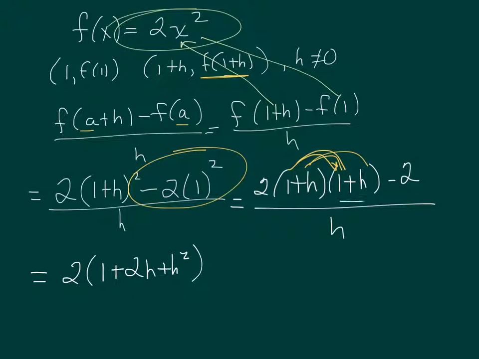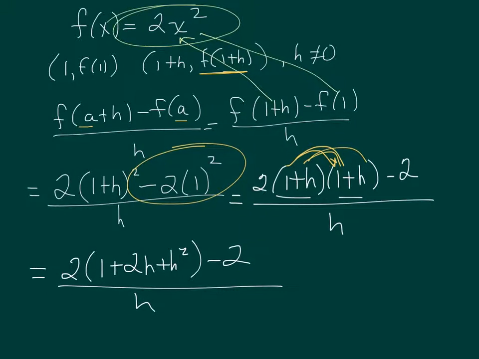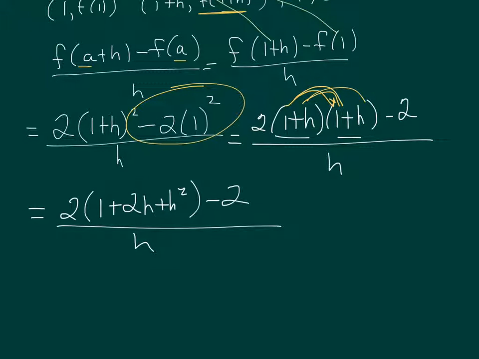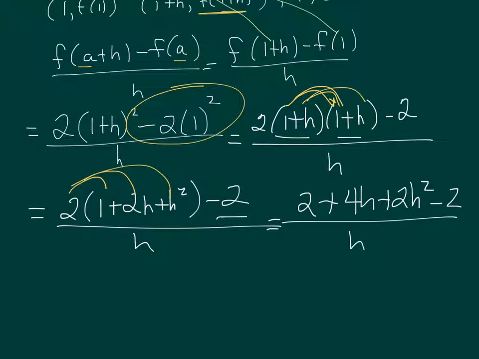That's FOILing this out and then collecting like terms, minus 2 all over h. Then I distribute this 2 to everything in the parentheses. So I'd get 2 plus 4h plus 2h squared, and then I still have the minus 2 all over h.